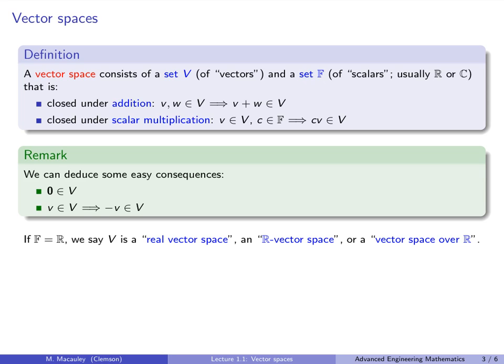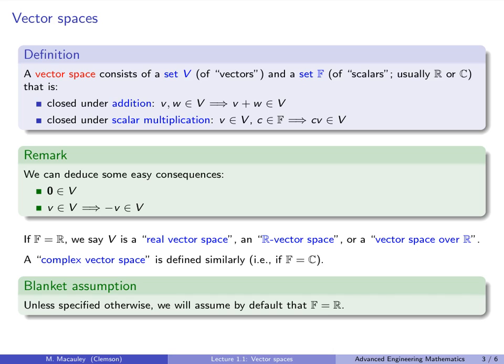If our field is the real numbers, then we say that V is a real vector space, an R vector space, or a vector space over R. A complex vector space is defined similarly, and then we say it's a C vector space or a vector space over C, or over the complex numbers.